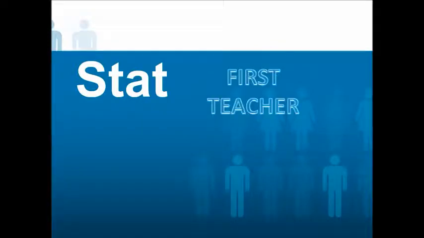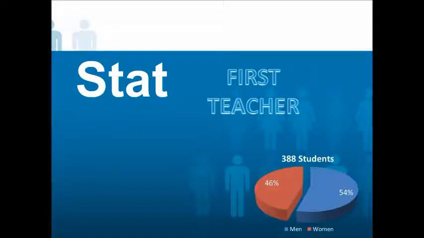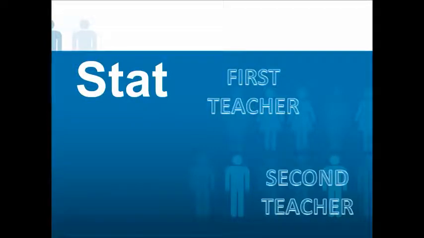Those are called the first teacher. Then we have in architecture, as we said, 388 students, where approximately 54% are men and 46% are women. These are called the second teachers.